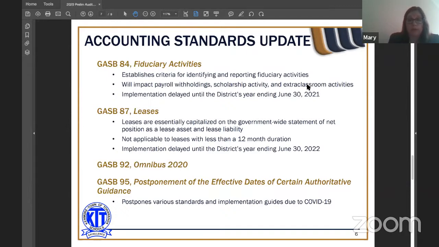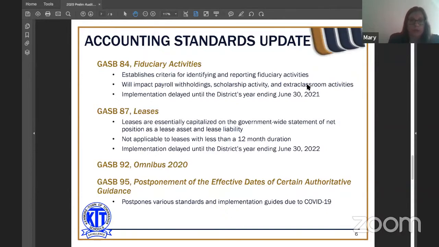Because that could have an effect if your scholarship activity is actually within like a trust that can only be used for certain things, and the people who donate the money are the ones who make the decision. Those are the types of things that we need to look at to implement that accounting standard.